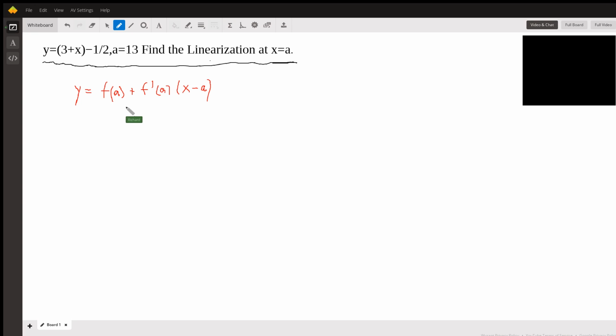So you may be wondering where this formula comes from. It's coming from the point slope form of a line. Let me just remind you, point slope form would be y minus y1 equals m times x minus x1, where (x1, y1) is the coordinate of the point of interest. If you look at this equation, you'll see it's pretty much the same.